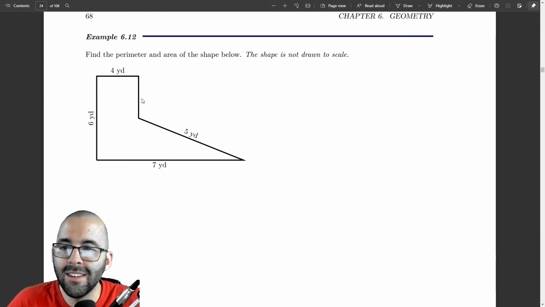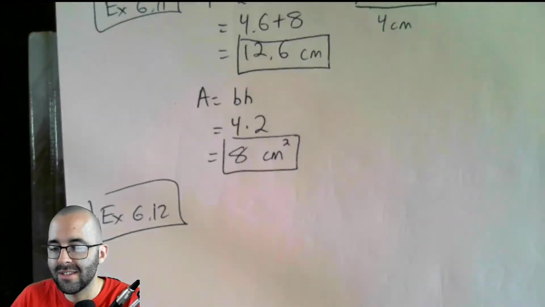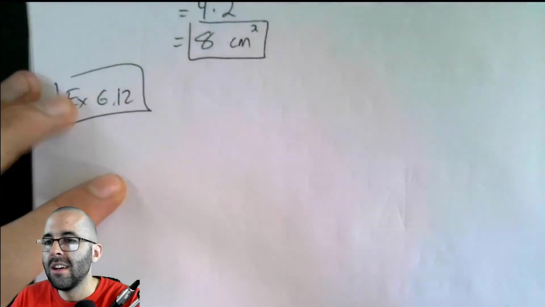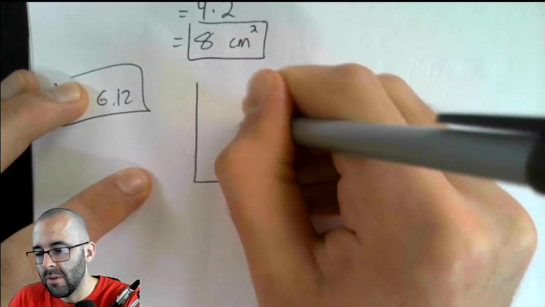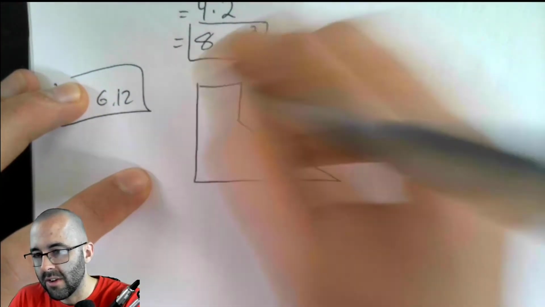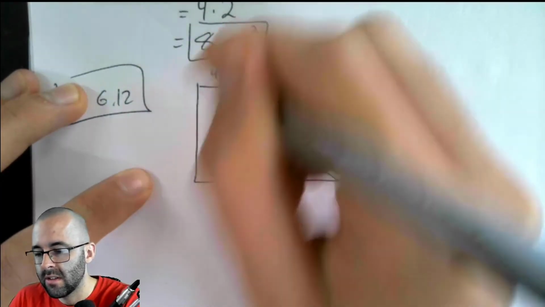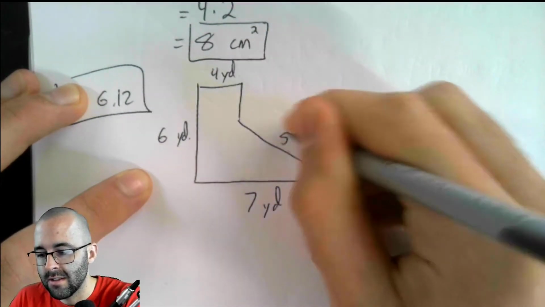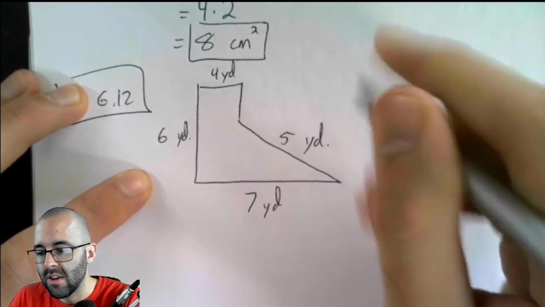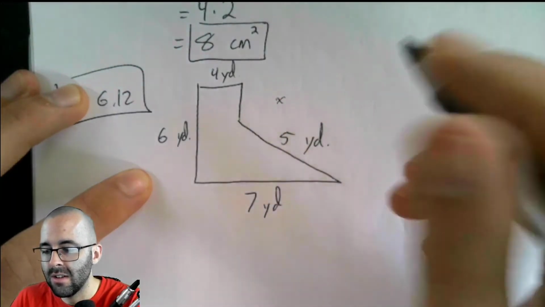Okay? So let's get down to business. Let's draw this. Draw a little sketch on your own paper. It's all in yards. We got 4 yards, 6 yards, 9 yards, 5 yards, and something. Maybe we'll call it X for now.